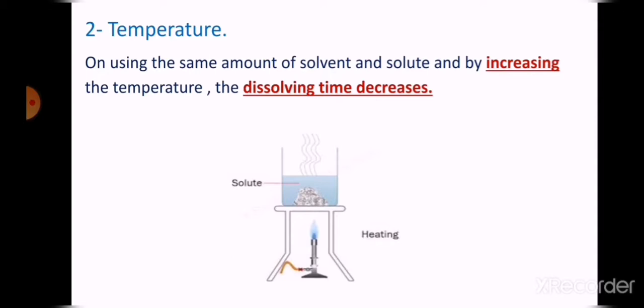So I have 2 cups of water, the same amount of water and the same amount of sugar, but one of them is hot water and another one is cold water.